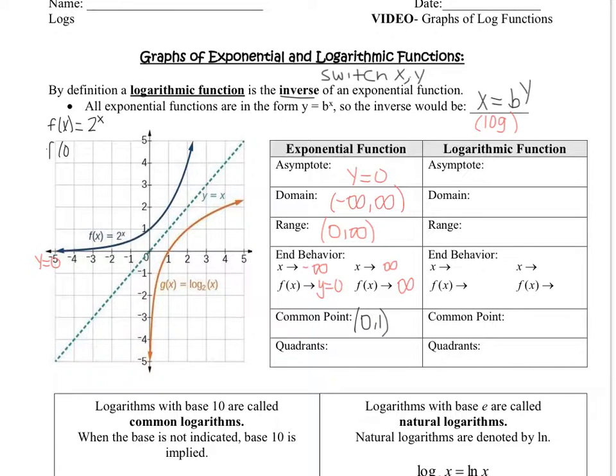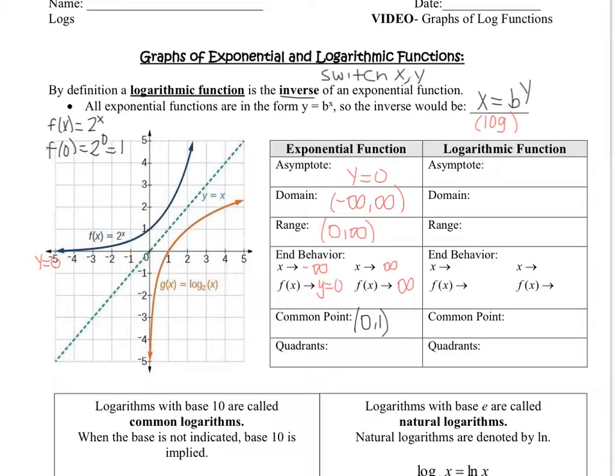Say I want to find f of 0, 2 to the 0. Anything to the 0 power is 1. So if I had a different exponential function like 10 to the x, 10 to the 0 would still be 1. Or 12 to the 0, 6 to the 0. No matter what exponential function I have, anything to the 0 power will always be 1. That's why it goes through that point there.